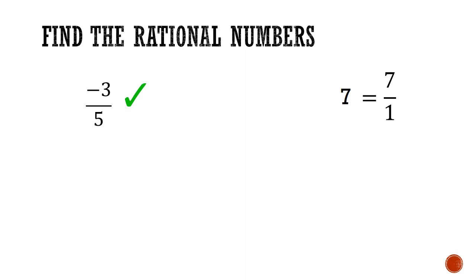So without changing the value of 7, we can write it as 7 by 1, which is in the form of p by q. And here denominator q is not equal to 0. Therefore 7 is also a rational number. So if you can express it in the form of p by q, you can say this is a rational number. It need not be in the form of p by q in the beginning, but if you can express it, that's what it means. Okay.